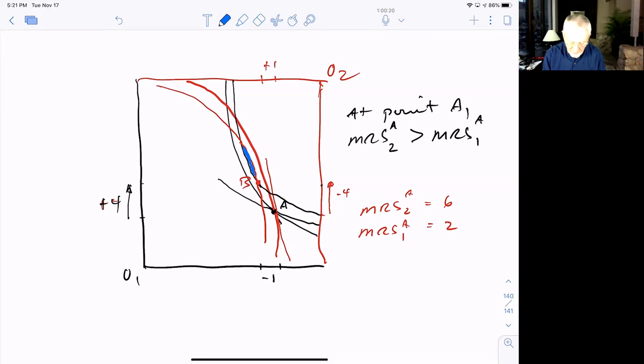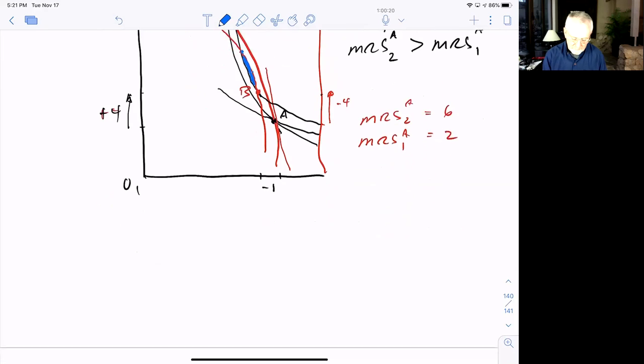Anything between these two indifference curves that go through point B would actually be a bundle that makes both better off. Anything on the indifference curve here would be a bundle that could make one better off without making the other worse off, if we were on one of the two indifference curves between point B and this intersection of the indifference curves. So since the MRS is still not equal at point B, there's still room for trade.